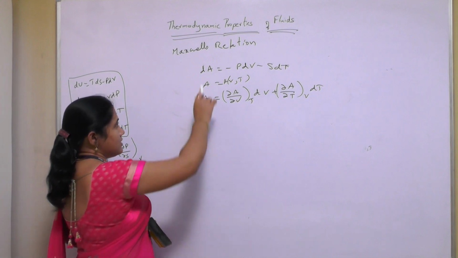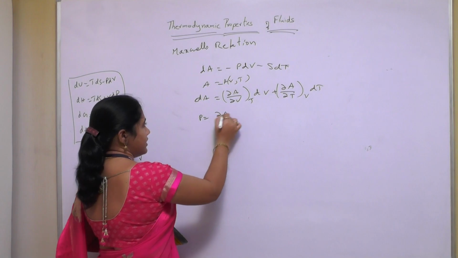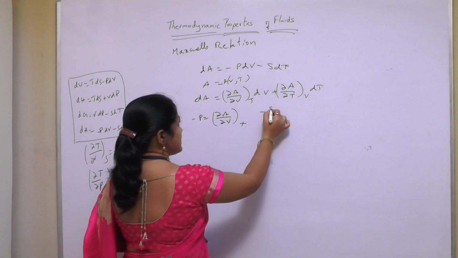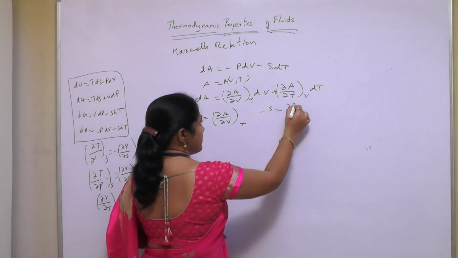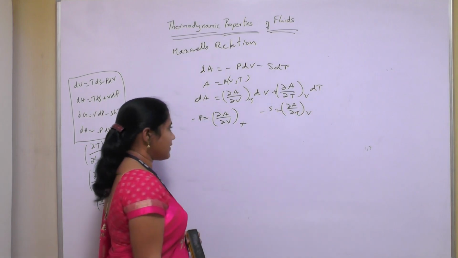By equating these equations, minus P equals (∂A/∂V) at constant T, and minus S equals (∂A/∂T) at constant V.